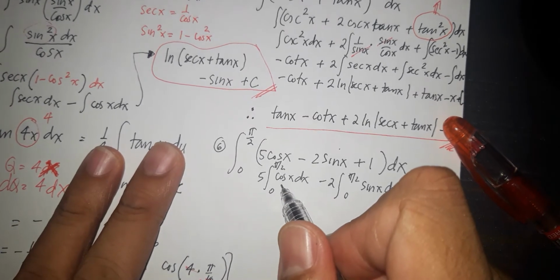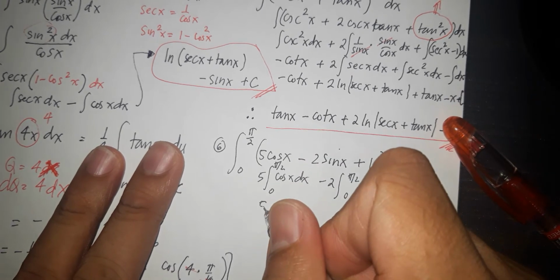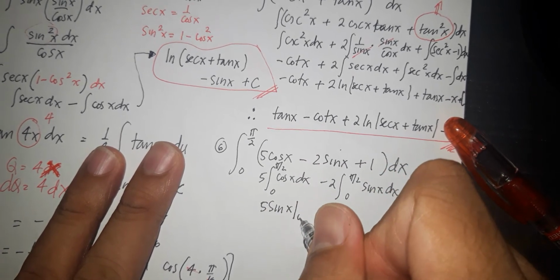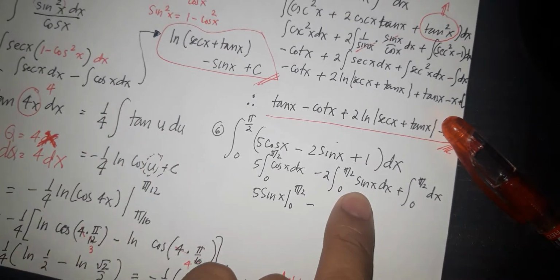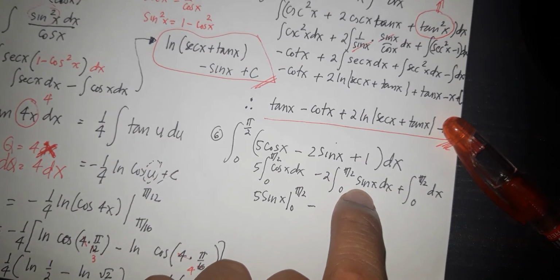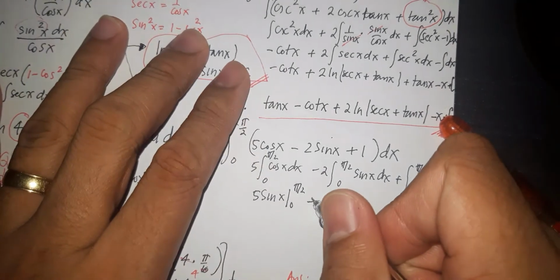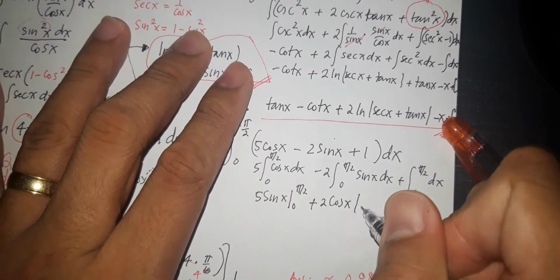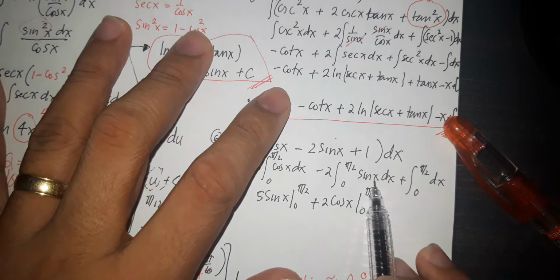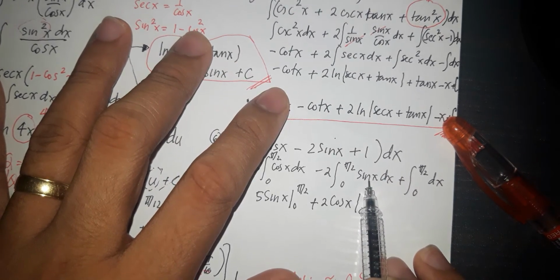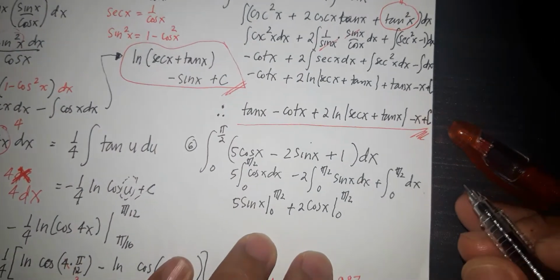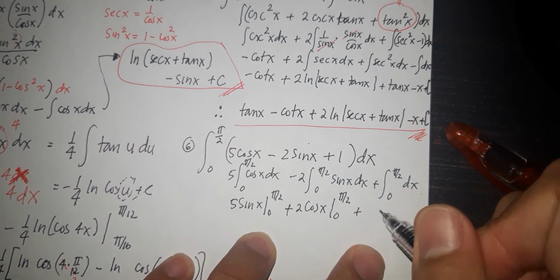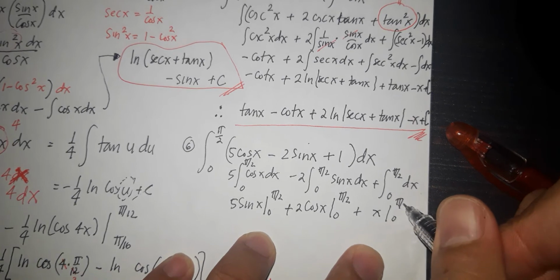Integral of cosine is positive sine times 5 is 5 sine x from 0 to pi over 2, minus integral of sine is negative cosine, preceded by a negative becomes positive 2 cosine of x from 0 to pi over 2. Again, ang integral ng sine ay negative cosine times negative becomes positive 2 cosine x from 0 to pi over 2, plus integral of dx is x from 0 to pi over 2.